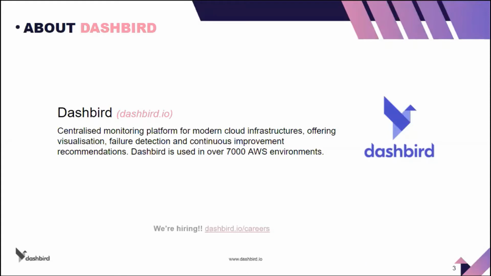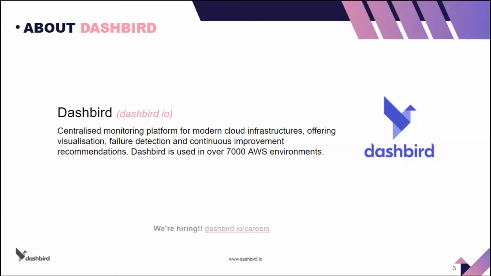Before we start and before Renato starts going through the presentation, I'm going to give a quick introduction into why we think we are competent in speaking about cost optimizations and our background in serverless. Dashbird was started by developers building serverless applications.